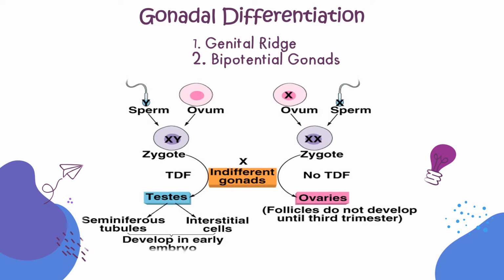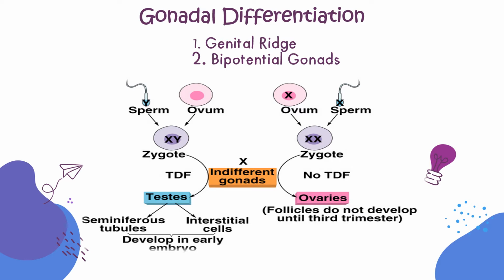Gonadal sex differentiation is dependent on the genotype of the embryo. In a genetic male embryo, which has 44 XY chromosomes, the bipotential gonads begin to differentiate into testes at approximately the 6th week of gestation.